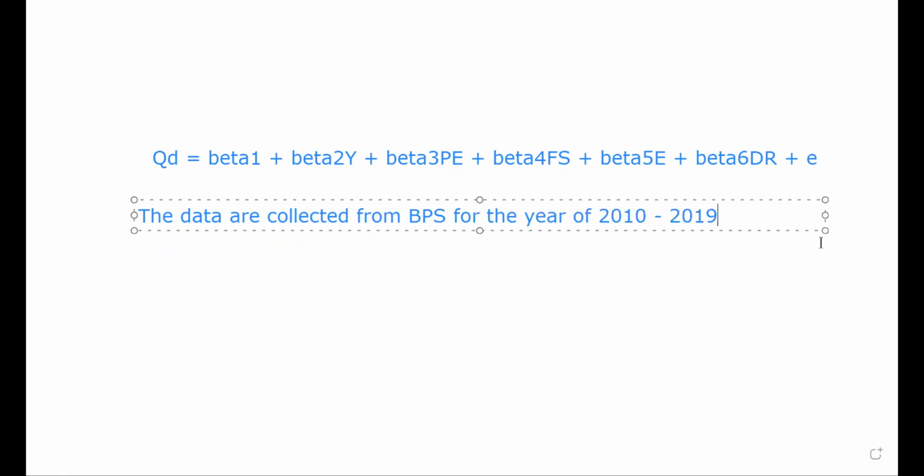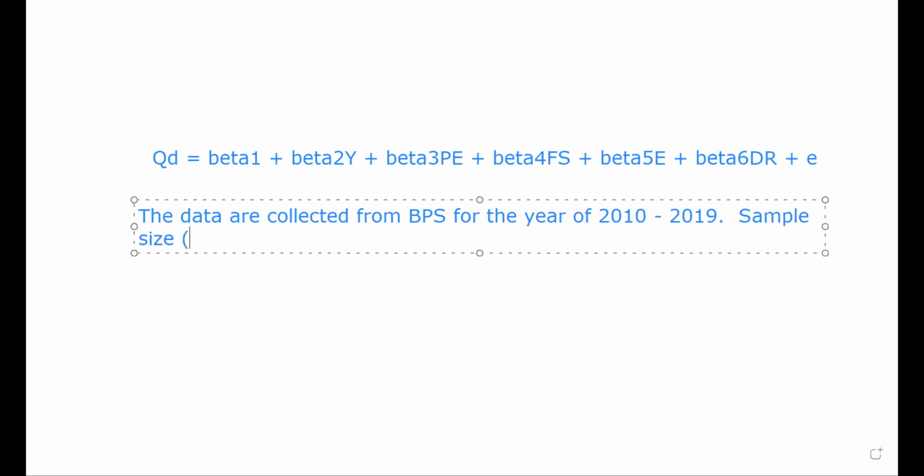How to calculate the sample size? This one is calculated by subtracting 2019 minus 2010 plus 1. This means we have 10 years.